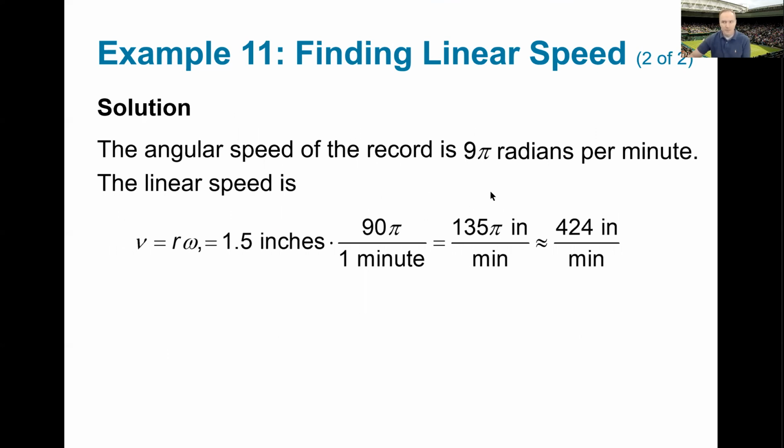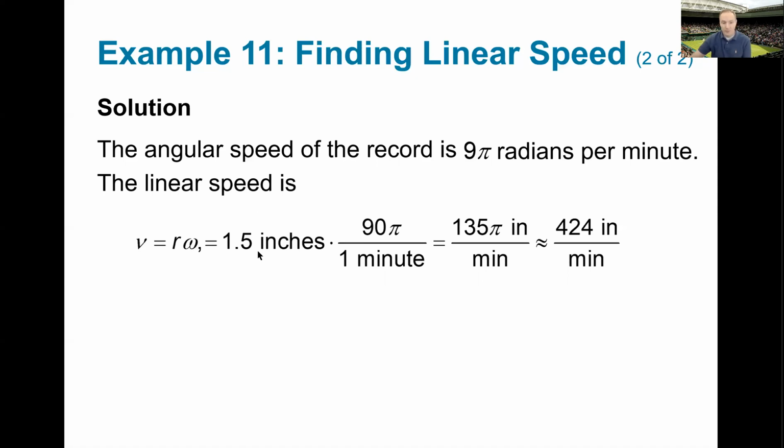The angular speed is 90 pi radians per minute, because it's traveling 45 revolutions per minute, and each revolution you have 2 pi radians. Well, what's its linear speed? Its linear speed is going to be the radial length times that angular speed.